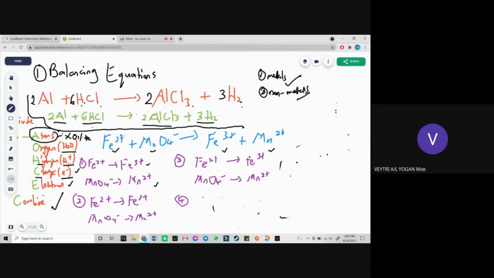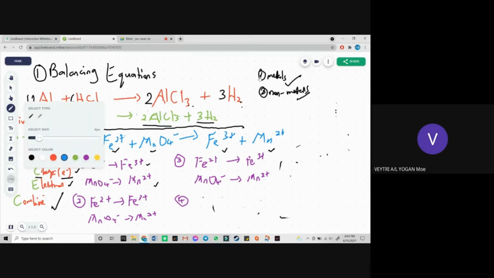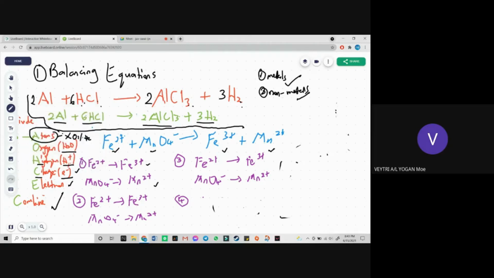Basically, yang kena peka adalah nampak tak dekat sini ada plus, minus and all those stuff? Dekat tadi tu tiada kan? So you can do as normal and as simple balancing as possible. Sini ada plus, minus and all those stuff. So you have to do step by step. How do you do step by step?